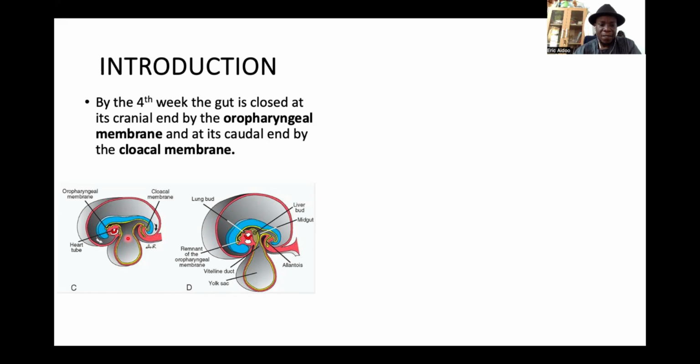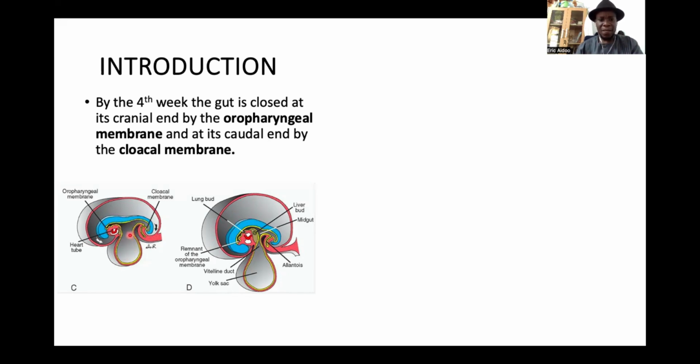So the GIT is endodermal in nature. So we are looking at the space encompassed by the yellow line, okay? So the lumen plus the membrane that is forming the outline of the lumen. That is what is forming the entire GIT.